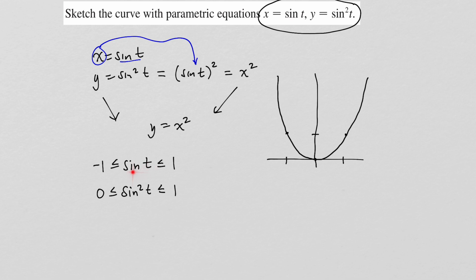So x is sine of t, and this means that x would have to be a number between -1 and +1. And y is sine squared of t, and so y would have to be a number between 0 and 1.